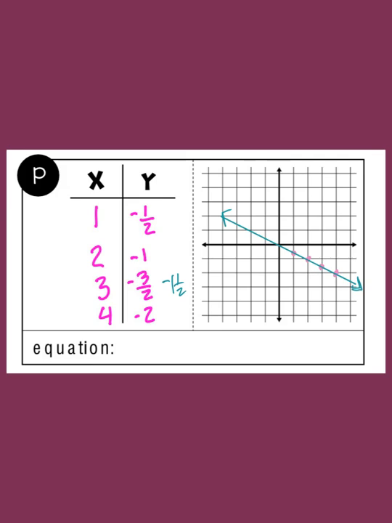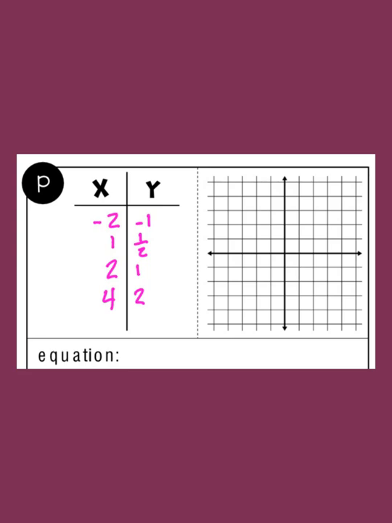So my equation is going to be y equals negative 1/2 x. So my constant of proportionality, meaning the thing that I'm multiplying by every time, is negative 1/2.